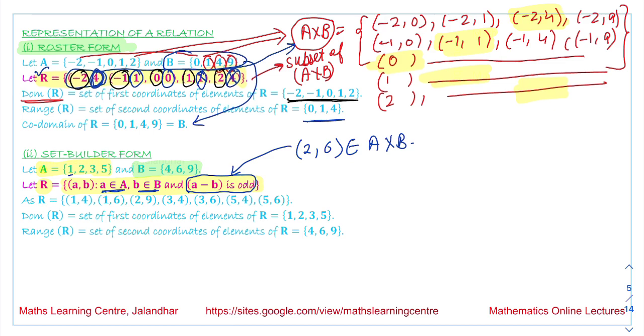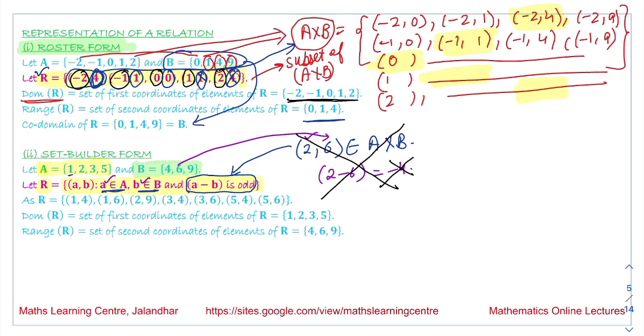We are saying a belongs to A, b belongs to B. a minus b is 2 minus 6, and the answer is minus 4, which is not an odd number. So this is not a part of this relation.